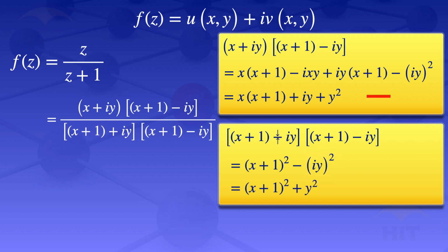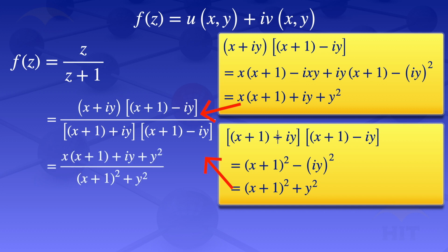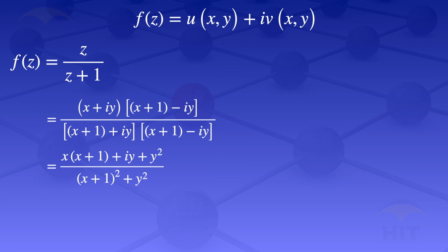So we now have our numerator and our denominator. Put them into this fraction, and we have x(x + 1) + iy + y squared, divided by (x + 1) squared plus y squared. Now I try to write the real parts on their own, the imaginary parts on their own.